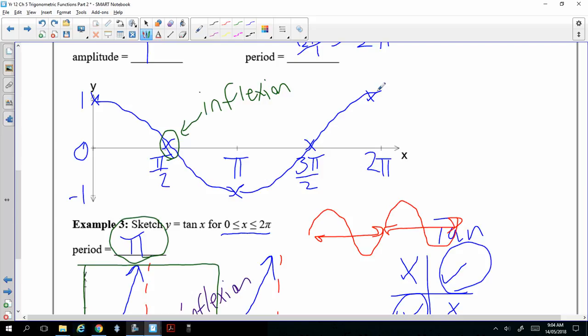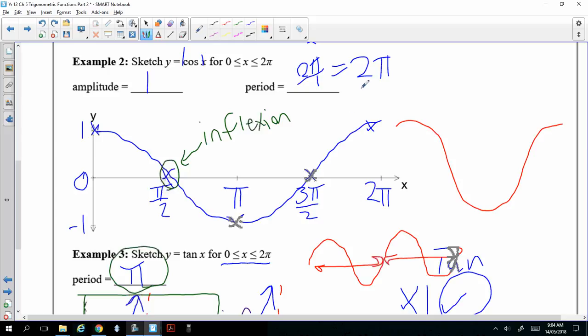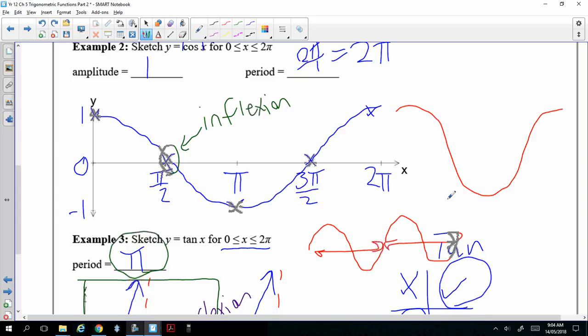So that's what period means, that's how long it takes for it to go one full graph before the graph repeats again. That's what period means. Okay? Just like the period of the moon, it repeats every 1 month or something. Alright.